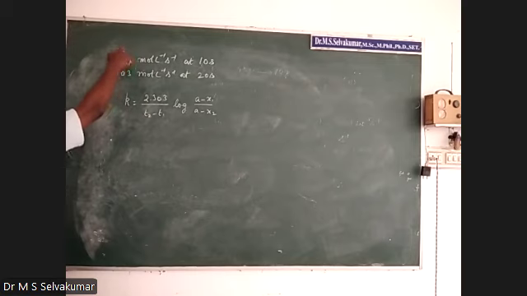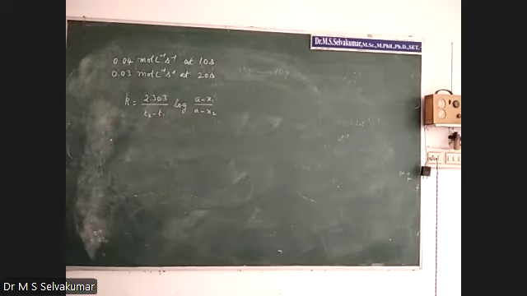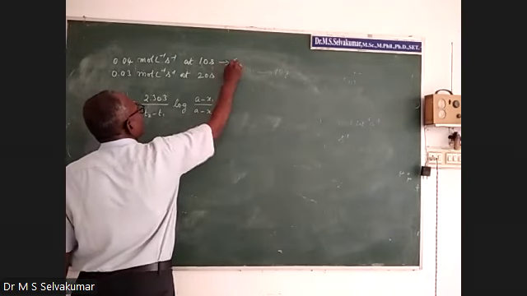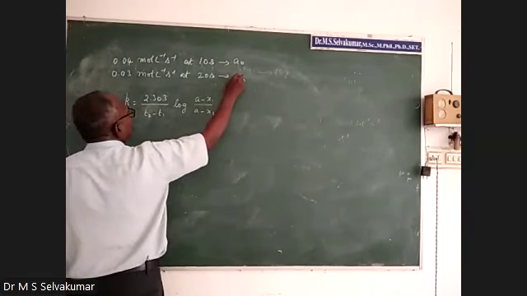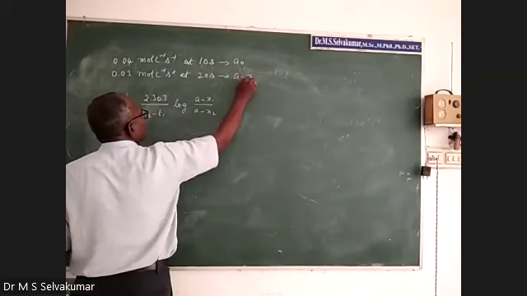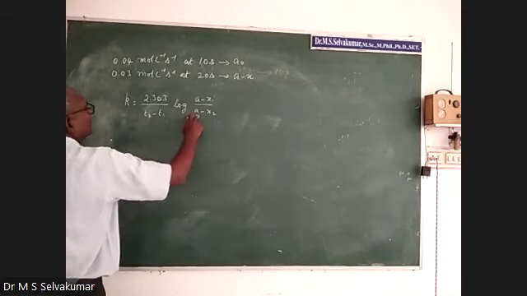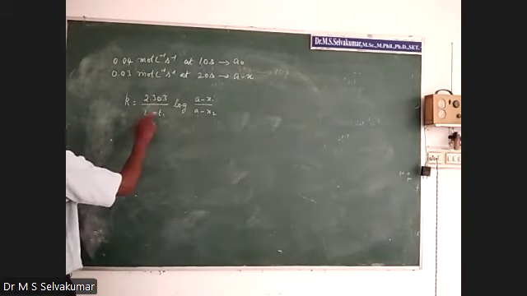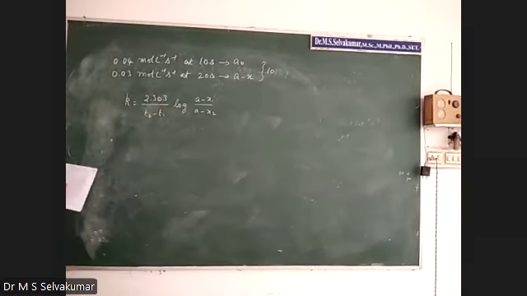If you take this as the initial, this as the final, and this as the time gap, you can find out. See, this is taken as A0, this is taken as A minus X, and the time interval is 10 seconds.